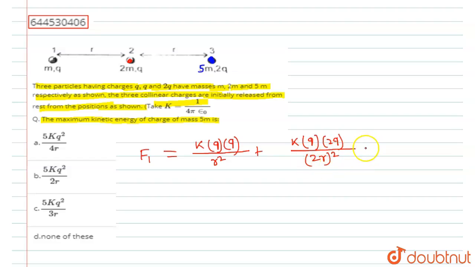After solving this, it is equal to 3 by 2 KQ square divided by R square.